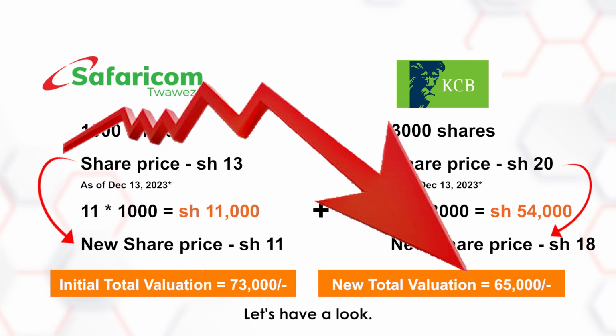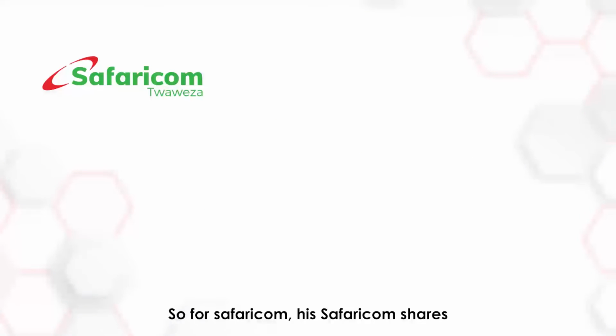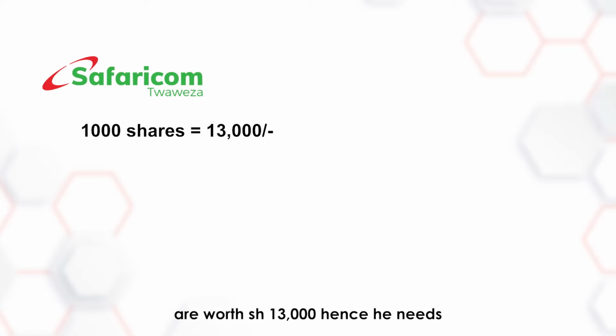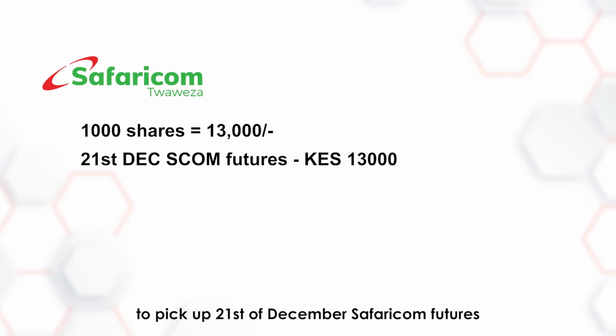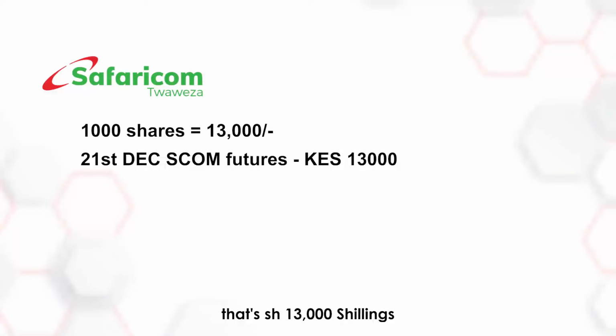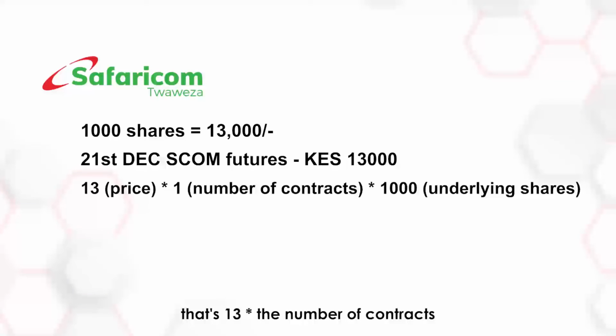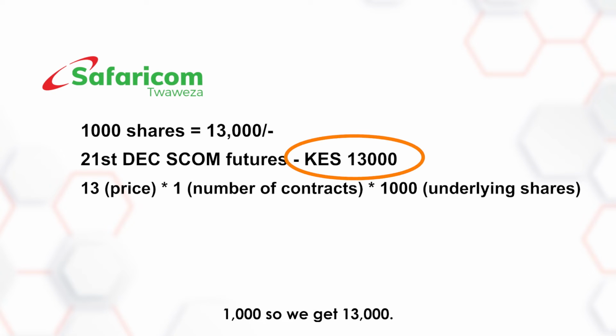Let's have a look. So for Safaricom, his Safaricom shares are worth 13,000 Kenyan shillings. Hence, he needs to pick up 21st of December Safaricom futures worth the same amount, that's 13,000 Kenyan shillings. So from the calculations we did in part 2 of the video, when determining the value of one futures contract of Safaricom, we get the value by multiplying the price, that's 13, times the number of contracts, that's 1, times the underlying shares, which is 1,000, so we get 13,000.